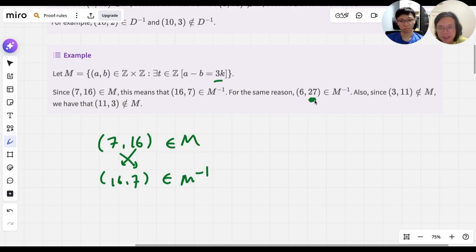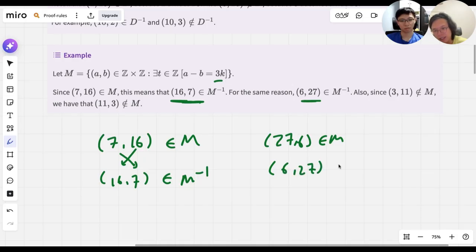Oh wait, hold on. No, this is true. Since we know that (27, 6) is in M, this means that (6, 27) is also in M. No typo here, this is correct. M inverse.